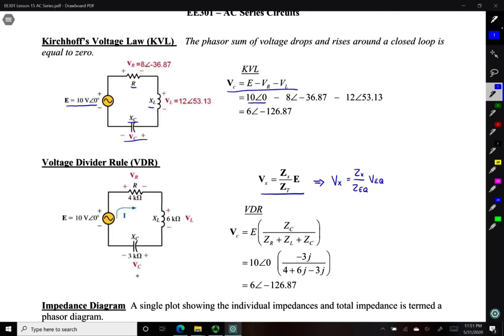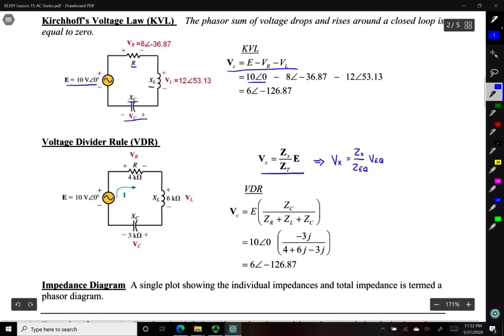So we see here, if we wanted to see the voltage drop across this capacitor, we would put the impedance of the capacitor in the numerator, and then the sum of all of the impedances in series in the denominator, multiplying that by the combined voltage drop of all of those impedances, which we know to be 10, again based off Kirchhoff's voltage law.